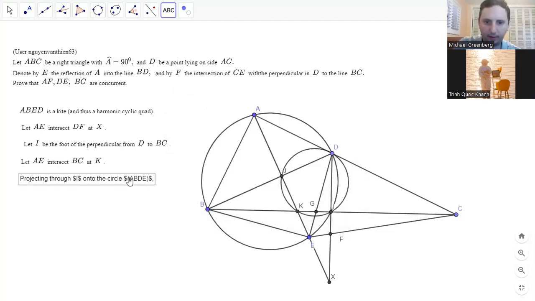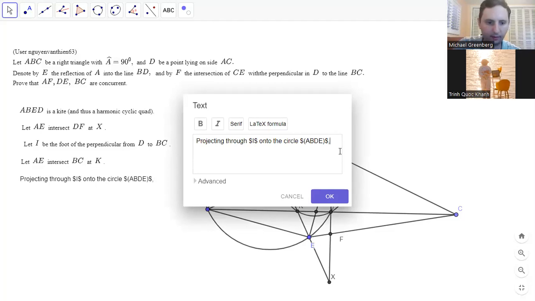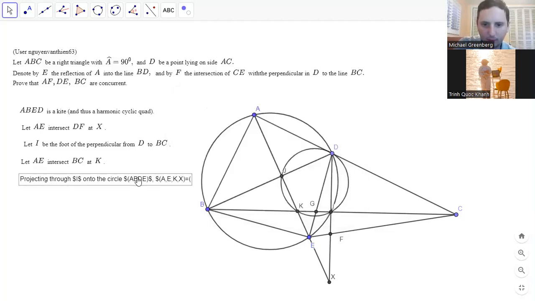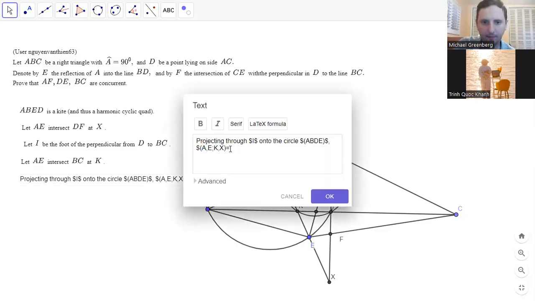Then we have (A, E; K, X) is equal to (A, E; B, D) = -1.